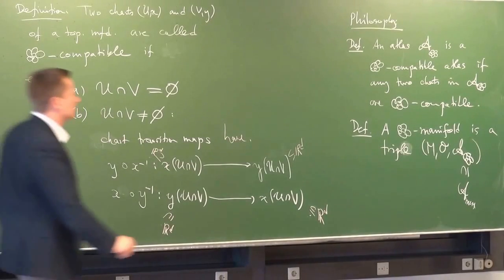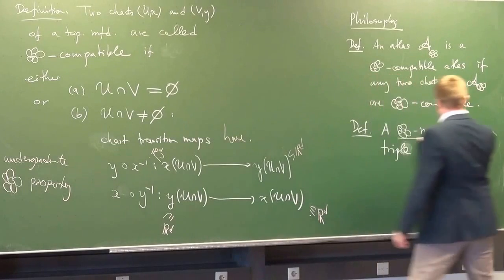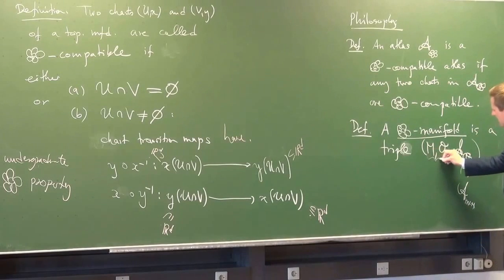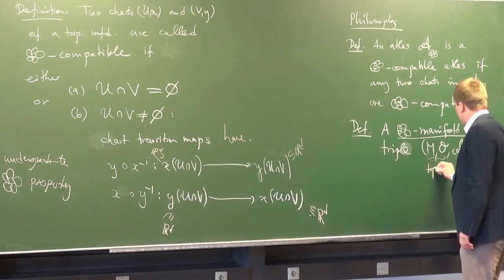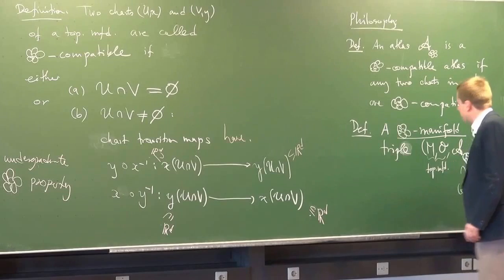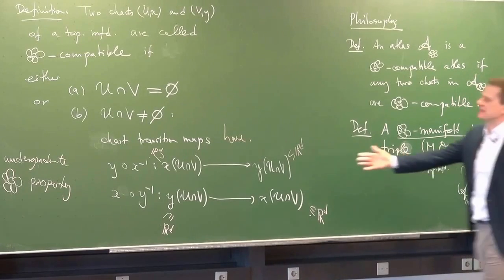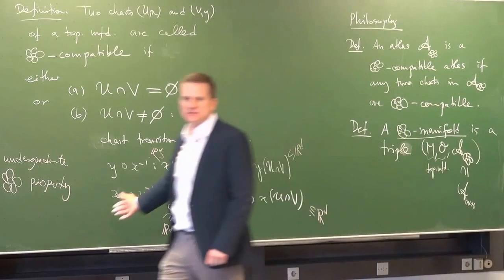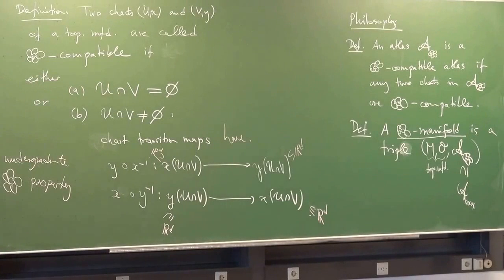Okay, it still covers. And that's a flower manifold, a triple where of course the first two entries make a topological manifold. But you have to choose a selection of charts that are mutually flower compatible, whatever flower is, for instance, differentiability. Okay? And that's a choice.